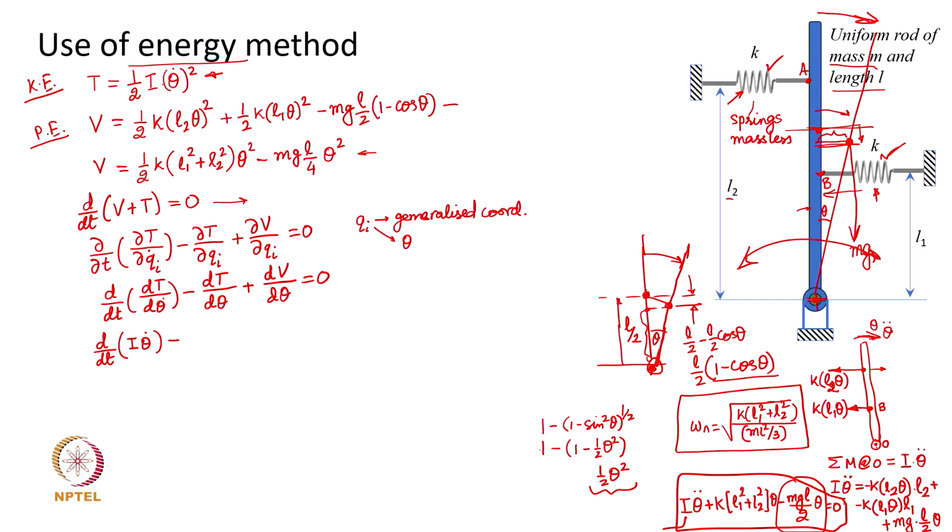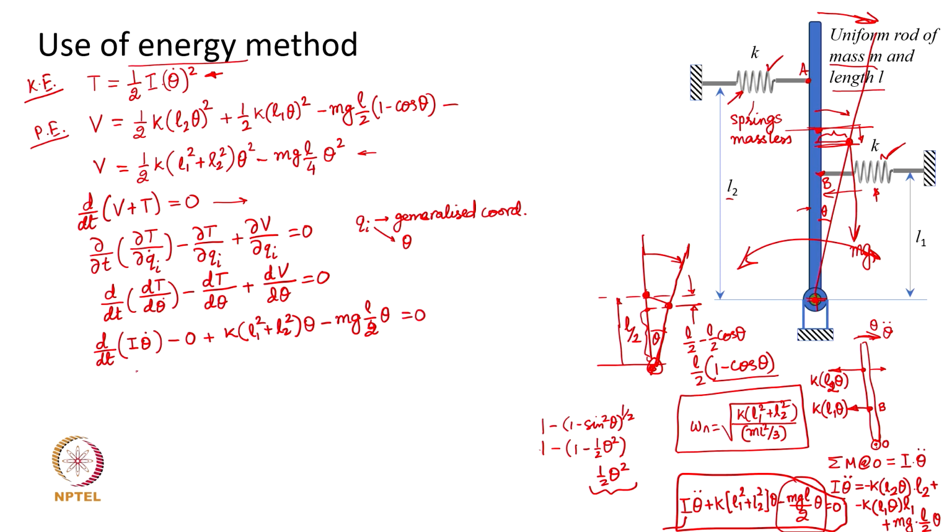Obviously, if you take the derivative of the kinetic energy with respect to theta, it is going to be 0, and then plus dV by d theta is going to be k L1 square plus L2 square theta minus mg L by 2 theta. Okay, that is the expression we have equal to 0.